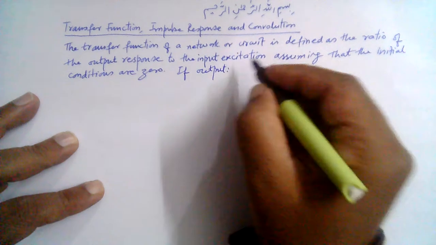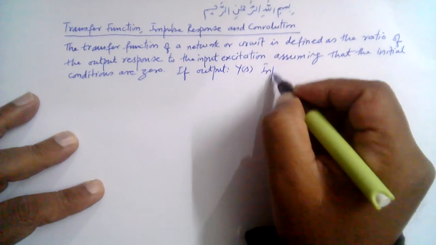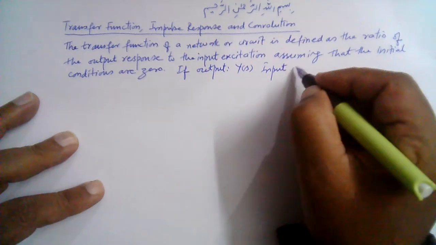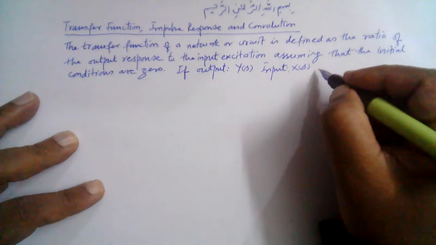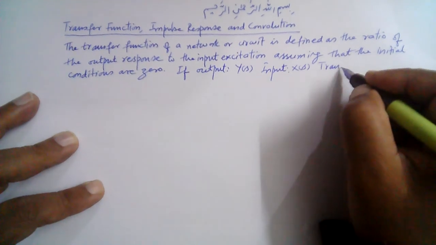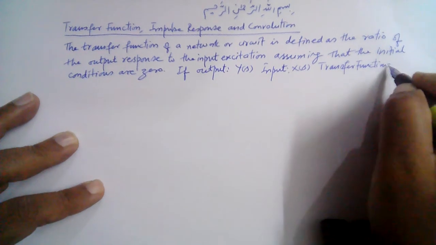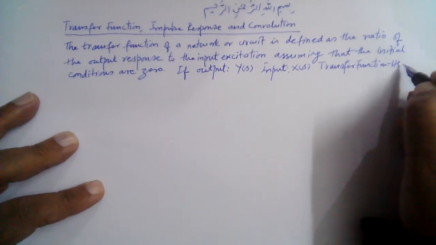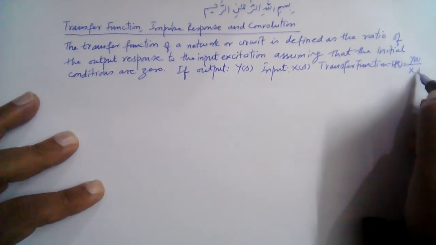in the frequency domain is y of s, input in the frequency domain is x of s, right? Then the transfer function h of s is equal to y of s divided by x of s.